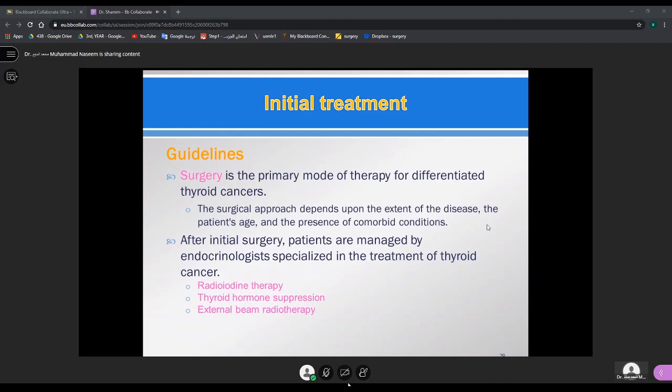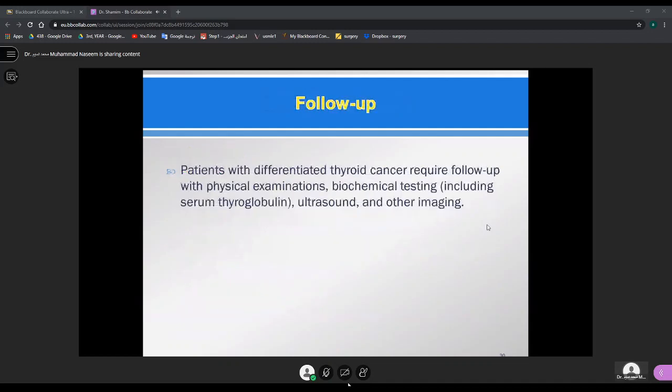After initial surgery, patients are managed by different choices like radioiodine therapy, thyroid hormone suppression, or external beam radiotherapy. Patients with differentiated thyroid cancer require follow-up with physical examination, biochemical testing including serum thyroglobulin, ultrasound, and other imaging depending on the findings of ultrasound.